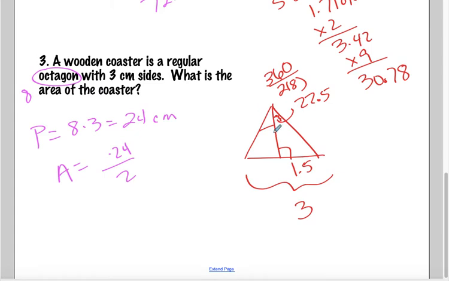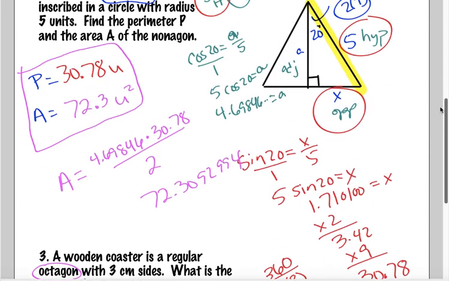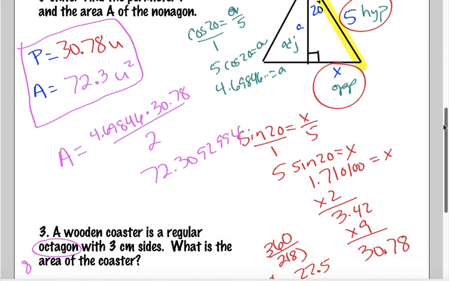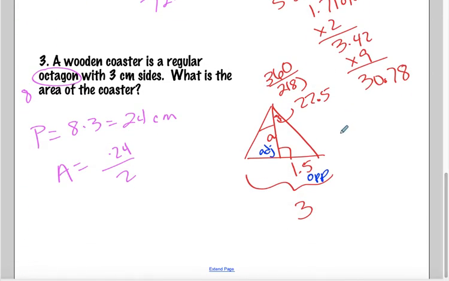So we need the apothem, and that is here. So we're going to be using the opposite side and the adjacent side and the 22.5 degree angle, O and A. O and A means that I'm going to use tangent. So the tangent of 22.5 is opposite over adjacent.